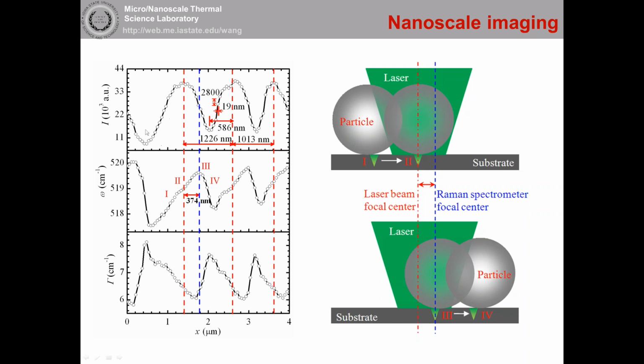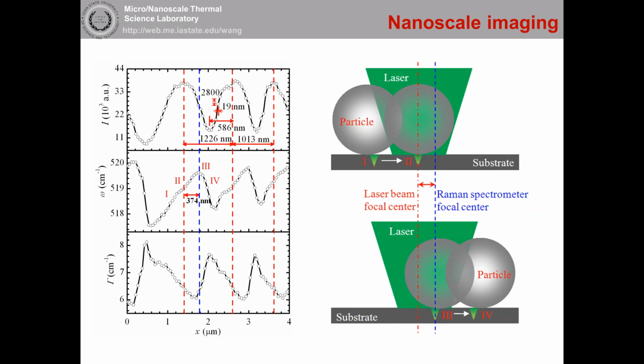All these changes in intensity, Raman shift, and line width are induced by three things: stress, local temperature, and the optical focus. If the particle is on this side, the focus point is a little off the center, so you have some focus effect.